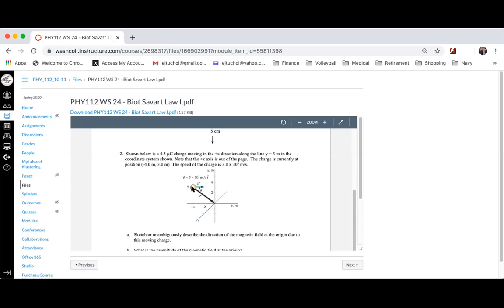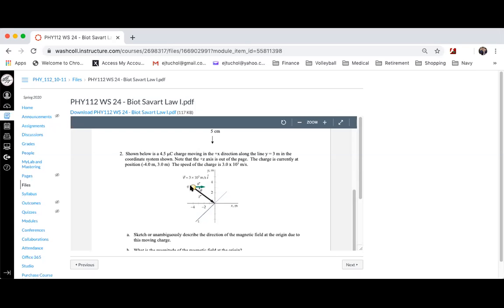And what you can see here is a charge moving along in the positive x direction with some speed, okay? And where I'm trying to find the magnetic field is right here at the origin. So this vector here is r, which is what you'll square in the denominator of the magnetic field equation. And this angle right here is the angle whose sine you'll take.